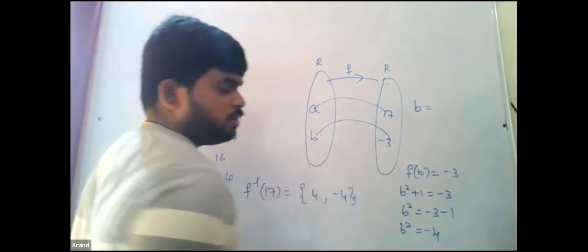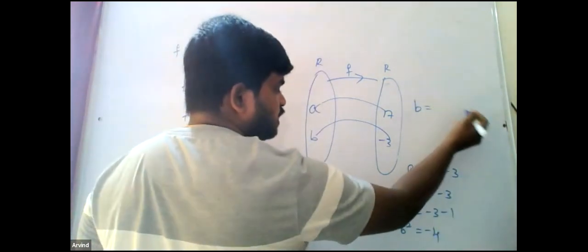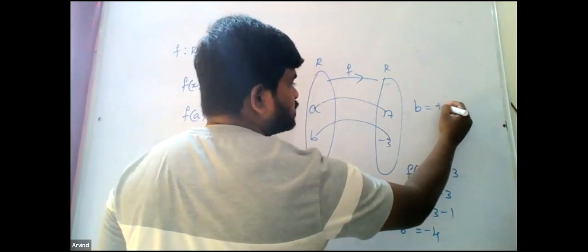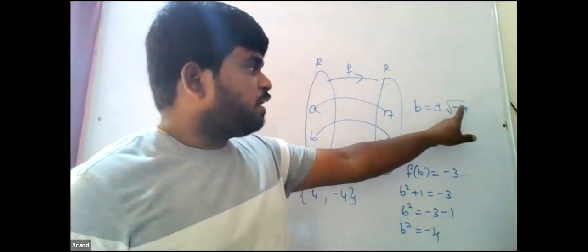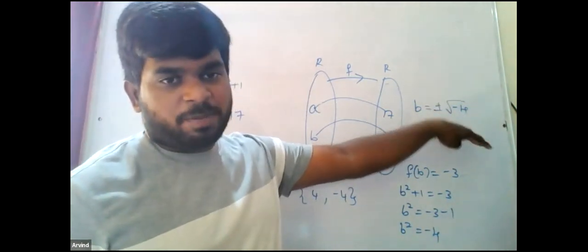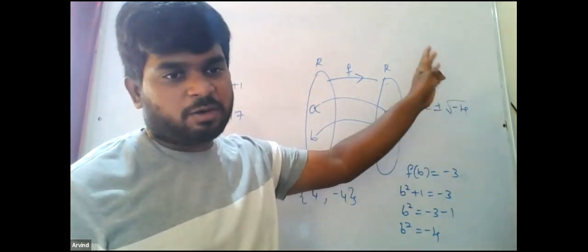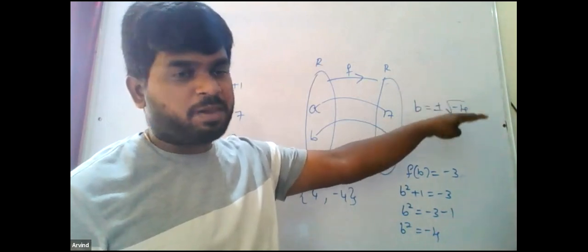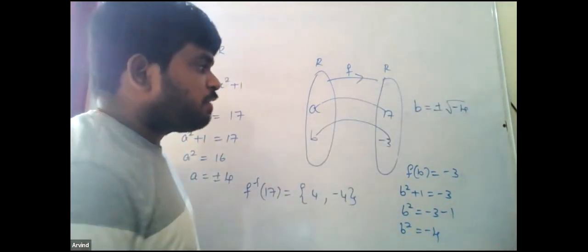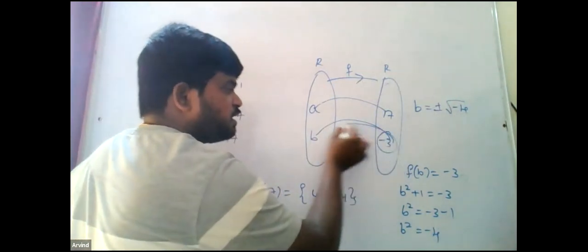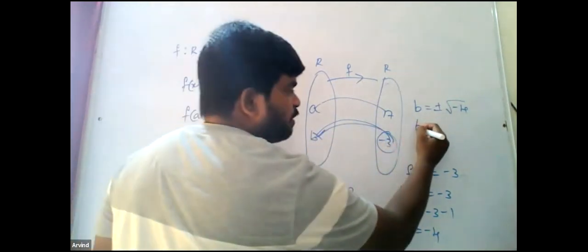Therefore B is equal to plus or minus root of minus 4. And we know that root of minus 4 is a complex number. You cannot find a real root of a negative number. It is known as a complex number. A complex number comes, not a real one. So what have we got for this B?